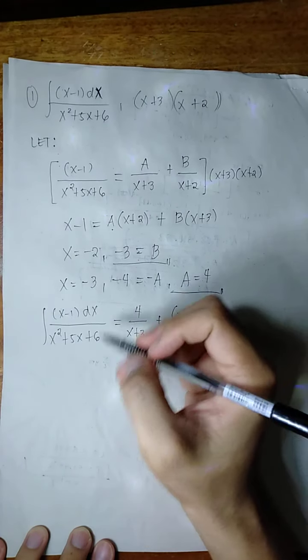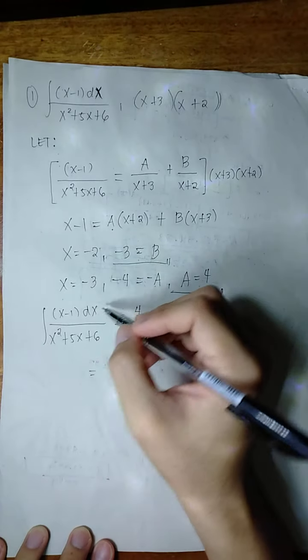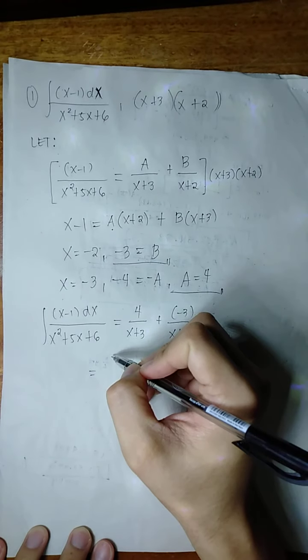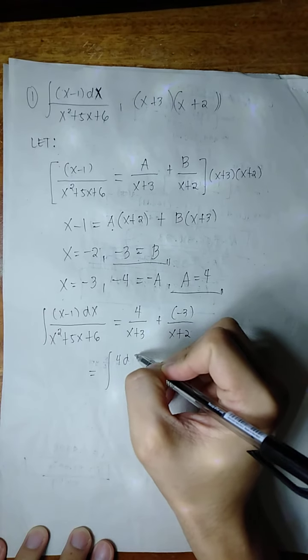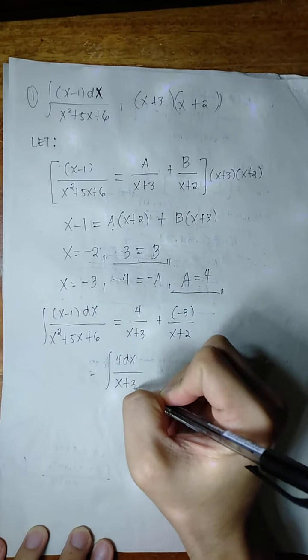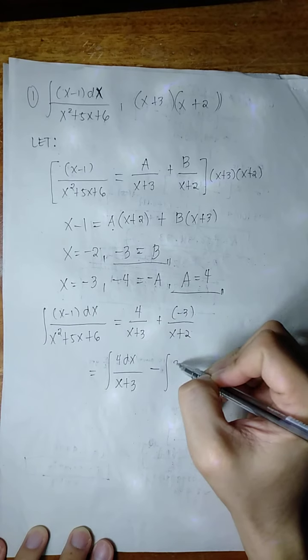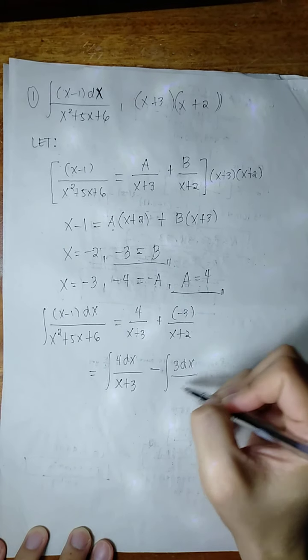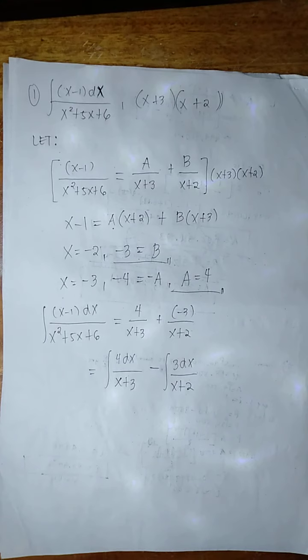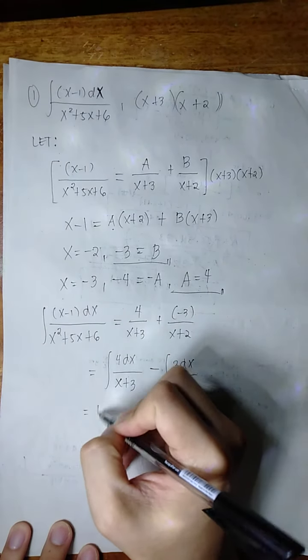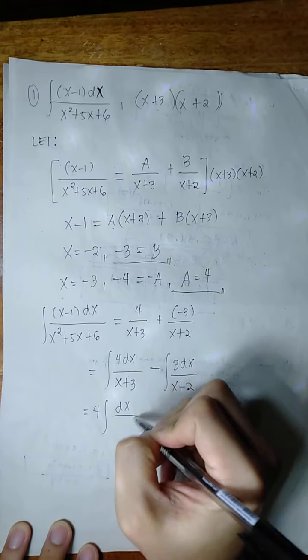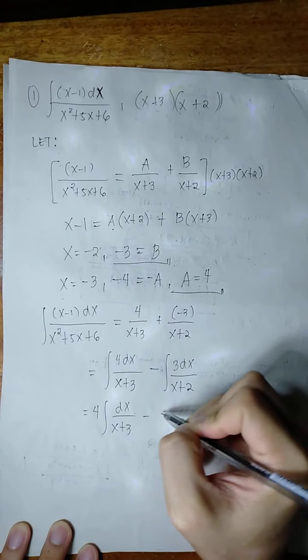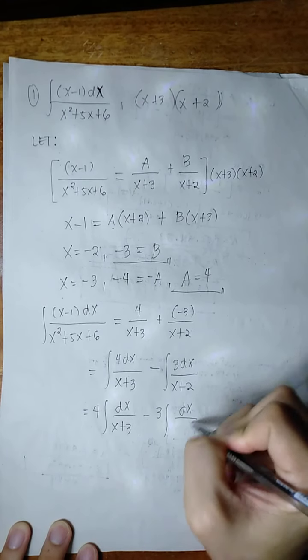So we distribute the integral sign and dx: integral of 4 dx over x plus 3 minus integral of 3 dx over x plus 2. Then we pull out the constants: 4 times the integral of dx over x plus 3, minus 3 times the integral of dx over x plus 2.